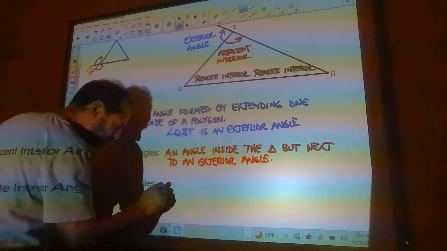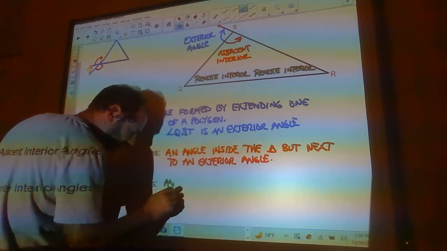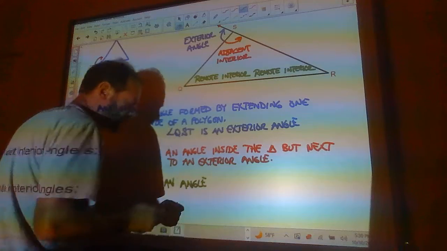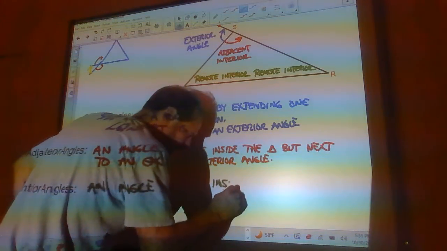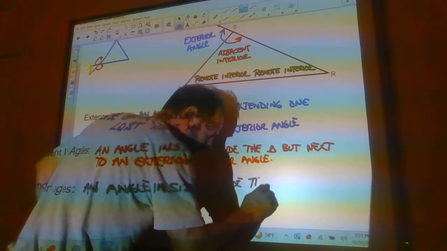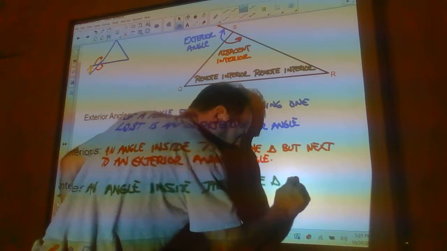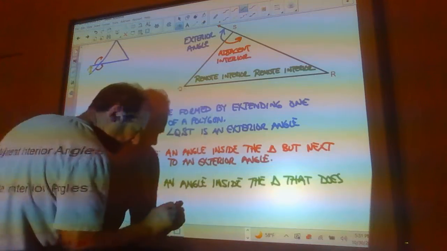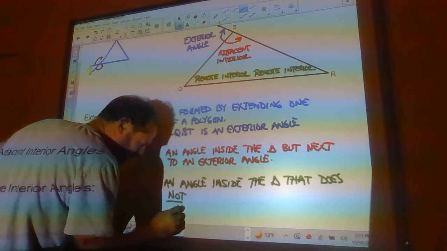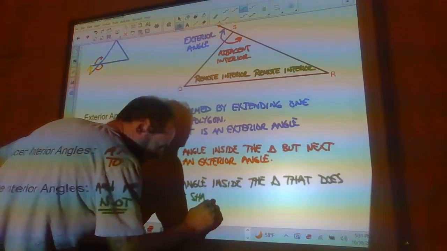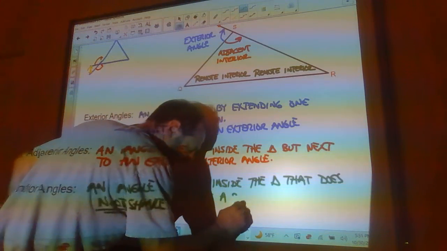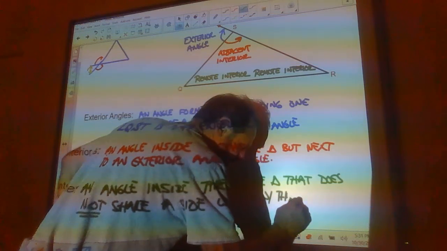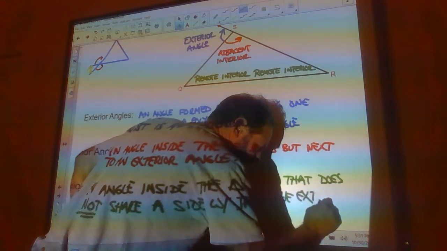An angle inside the triangle that does not share a side with the exterior angle.